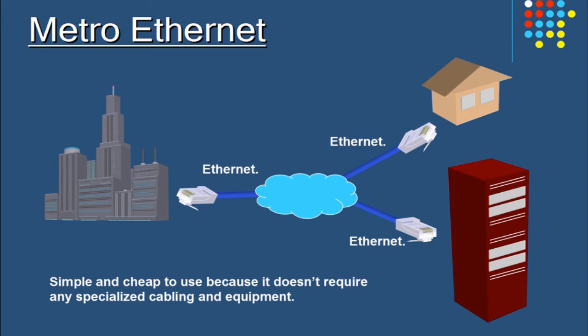It only uses equipment and cabling related to Ethernet, which is by far the most common Internet technology today. So even though end users are not sure what technology their Internet service provider is providing in the middle, what matters is that on both ends, it's using Ethernet connectivity.